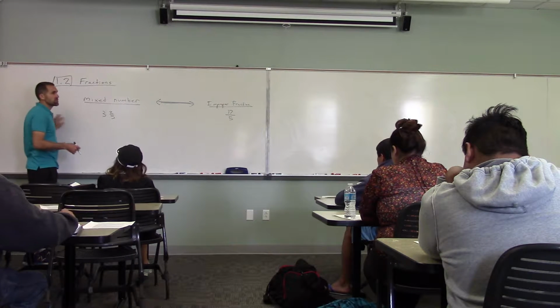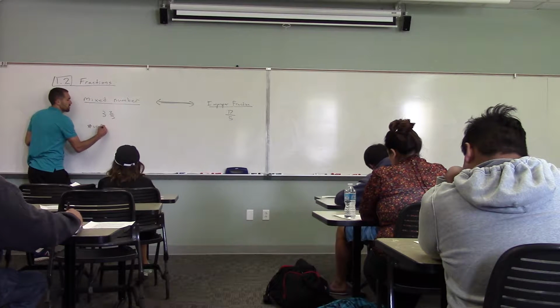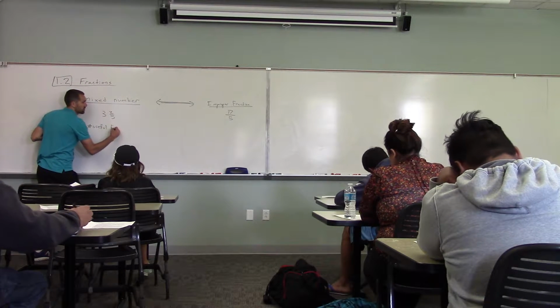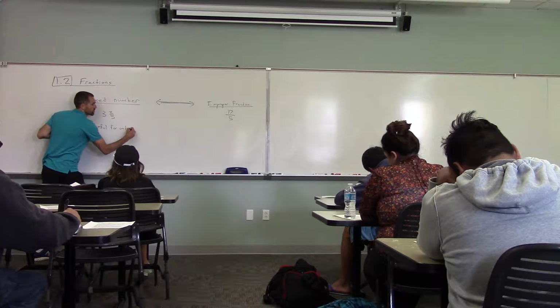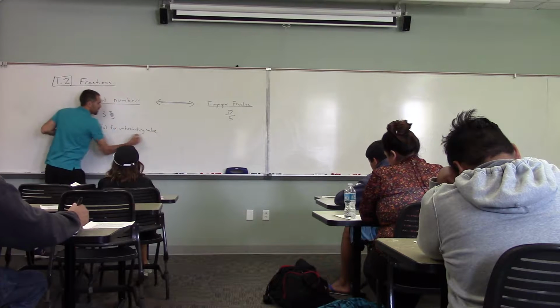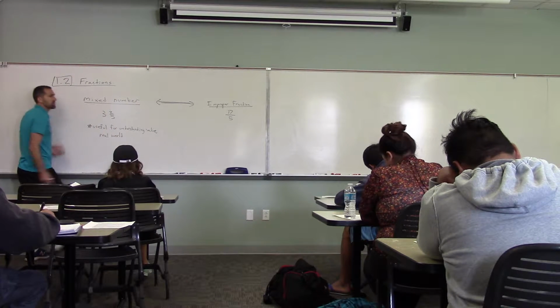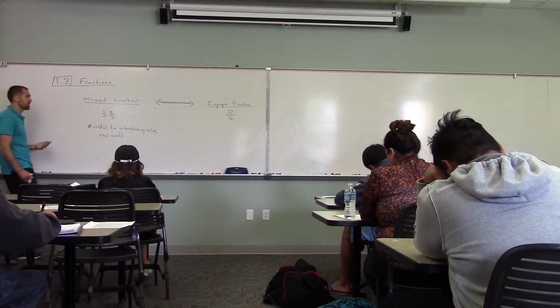3 2/5 is useful in the real world, for understanding value. What I mean is, let's say you were talking about how much money you had in your bank account or how much pizza you ate.